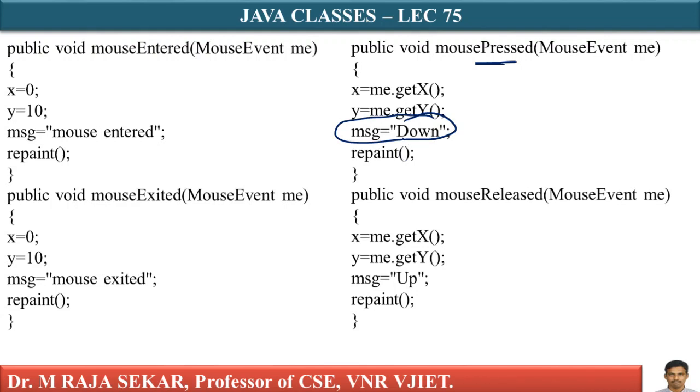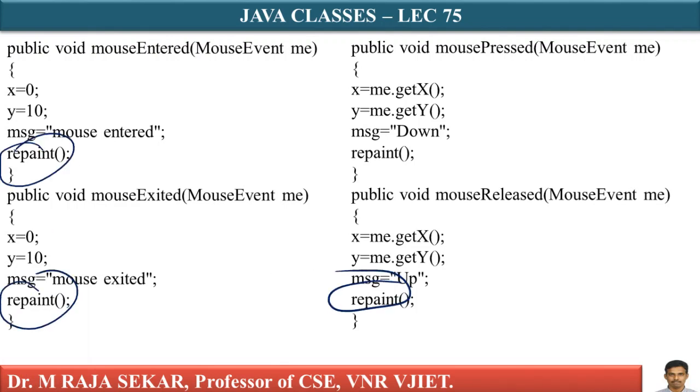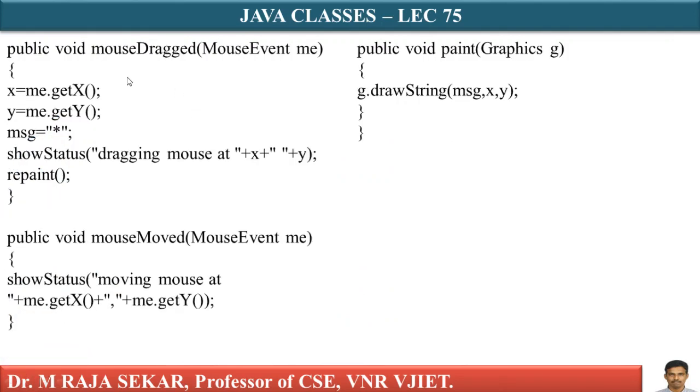Repaint method will call paint method. In similar manner, mouseReleased means up. I am capturing X coordinate and Y coordinate. If you observe carefully, I am keeping repaint method in all these methods. Why? Because your repaint method calls paint method and it will display the message.